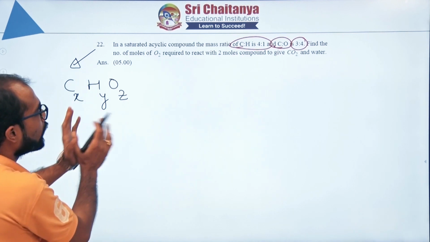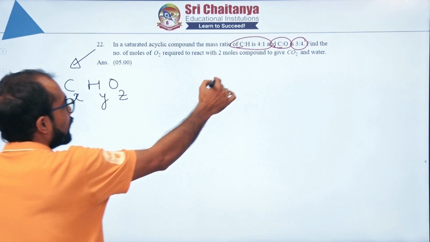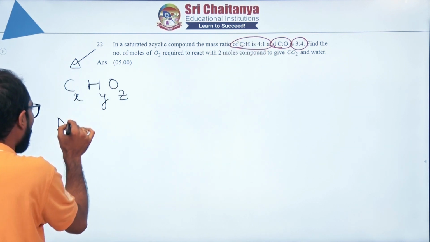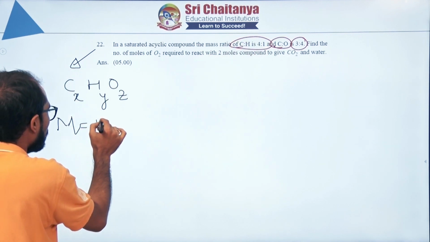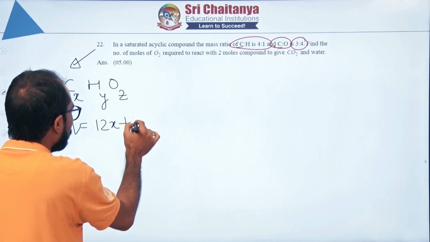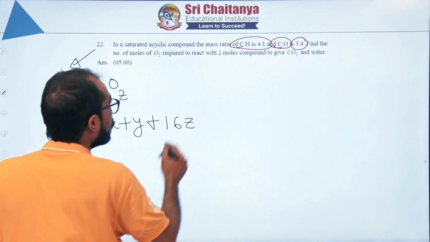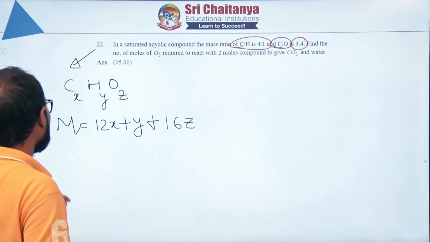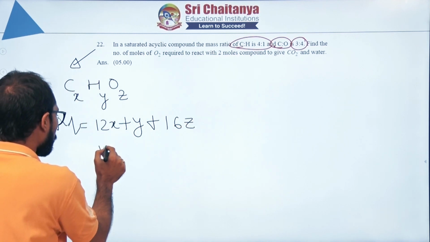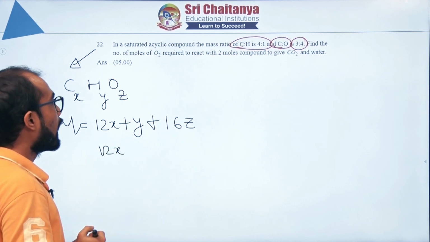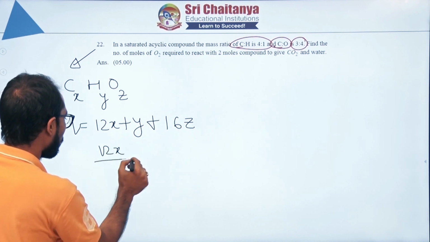Now this is the molecular formula. The molecular mass you can calculate as 12x plus y plus 16z. Now, what is the mass of carbon? The mass of carbon is 12x. And what is the mass of hydrogen? The mass of hydrogen is y.